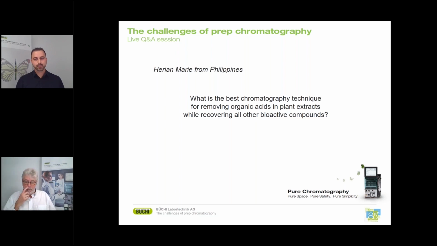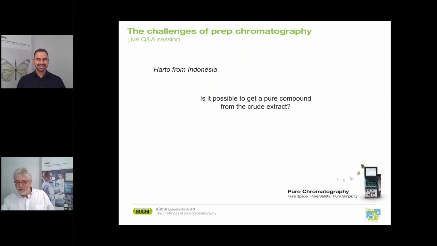Is it possible to get a pure compound from a crude extract? That's exactly why we use chromatography for. If that would not be possible, chromatography would not be a good purification technique, I think. So yes, the answer is yes, it is possible. But again, it depends on what you have in your extract, and again, plants are very complex samples.